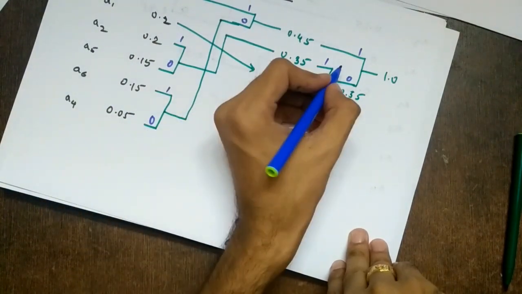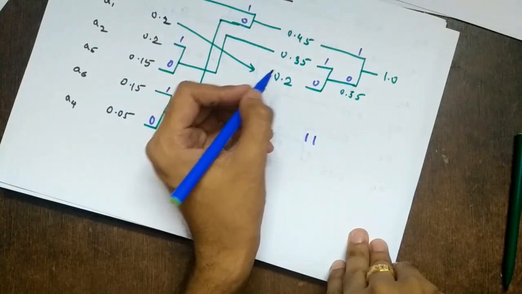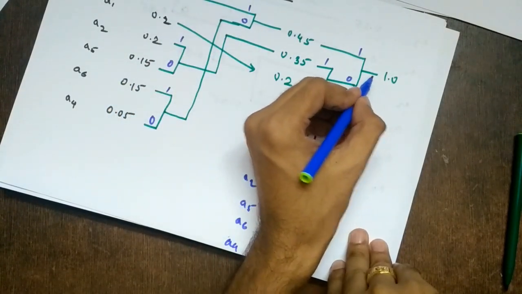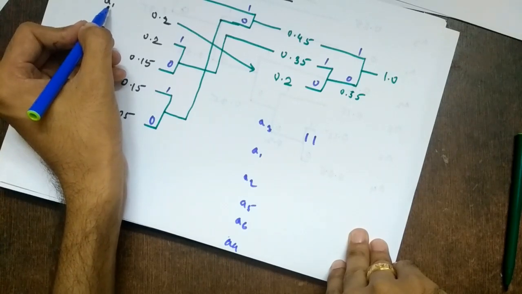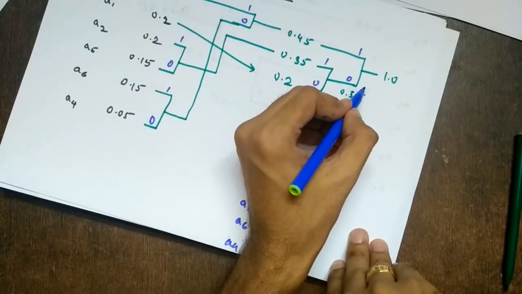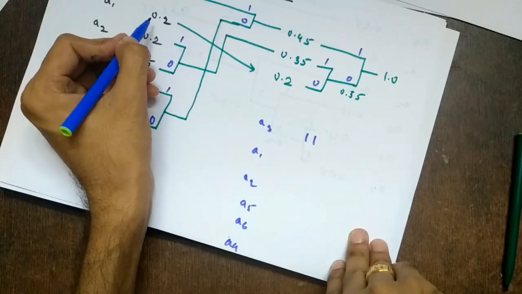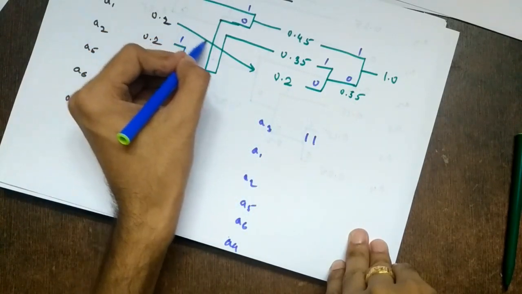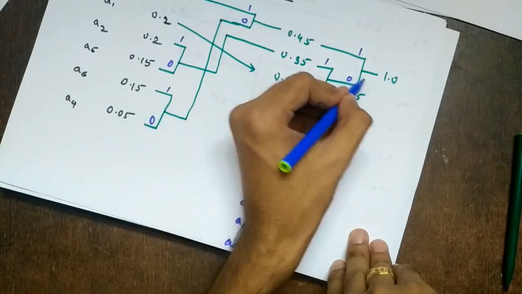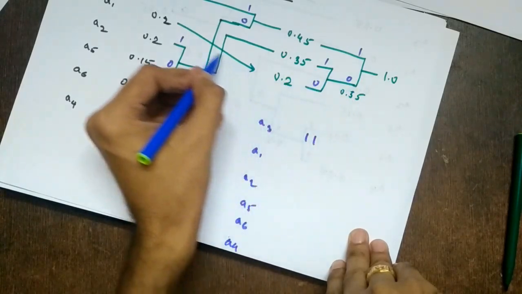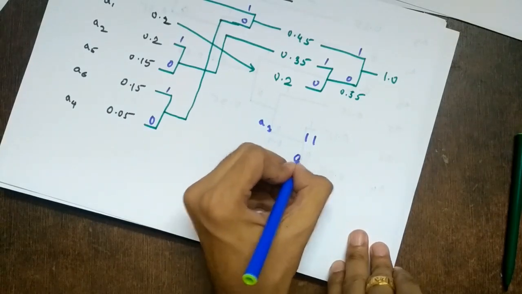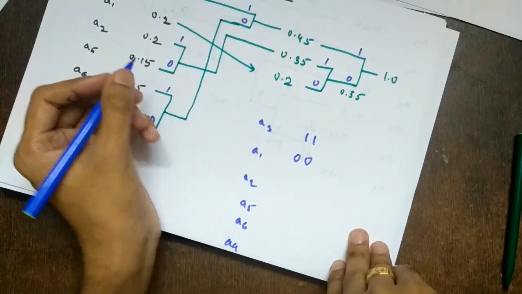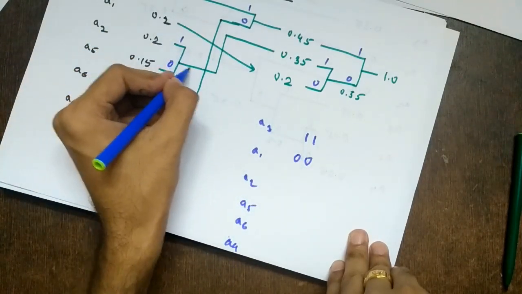Next, for A1, what am I getting? Like this it is getting confusing. So go like this. So 0 0 for A1.